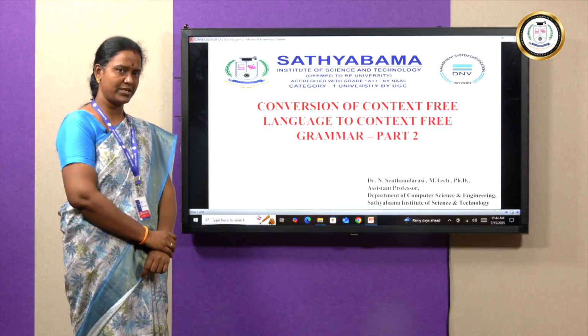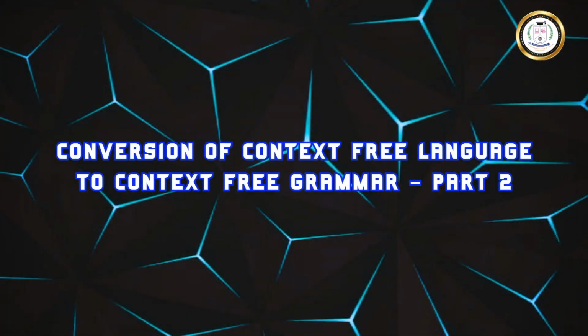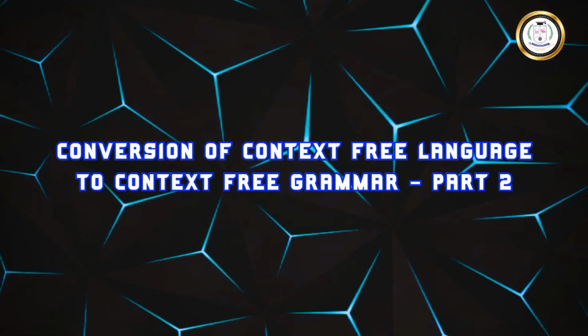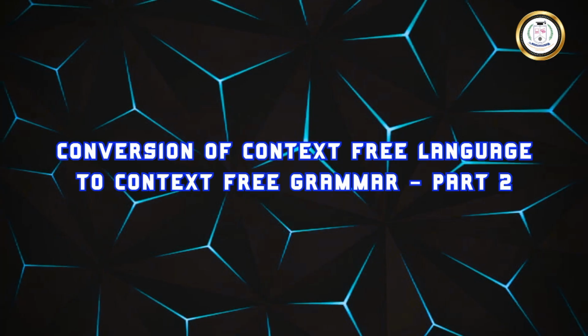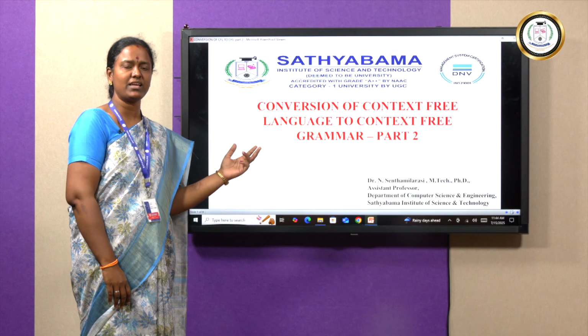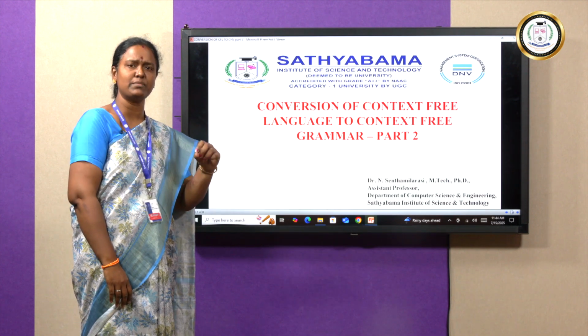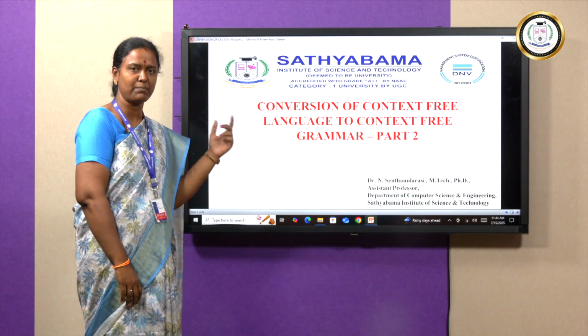So today in this video we are going to see about conversion of context-free language to context-free grammar, part 2. In the previous video we have seen similar examples as part 1.